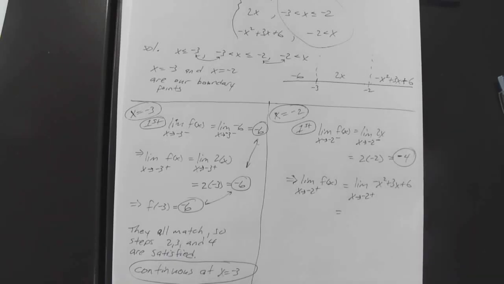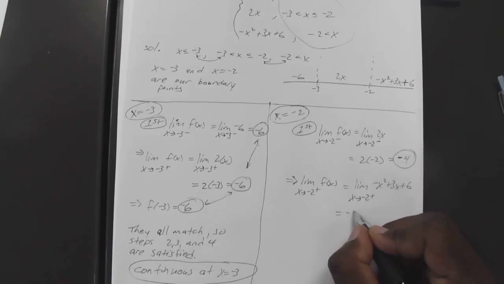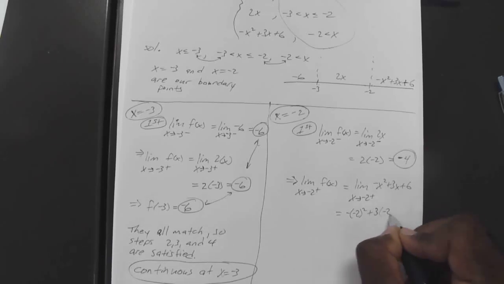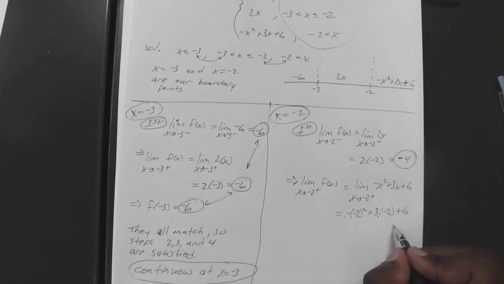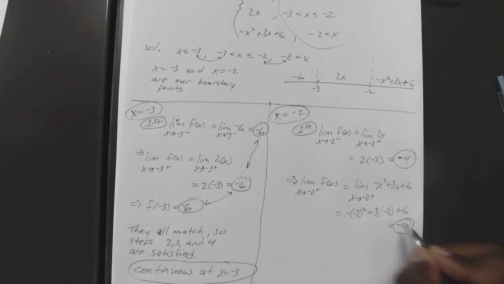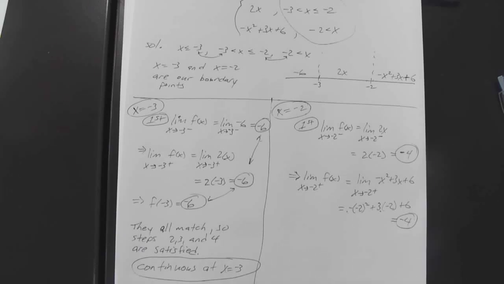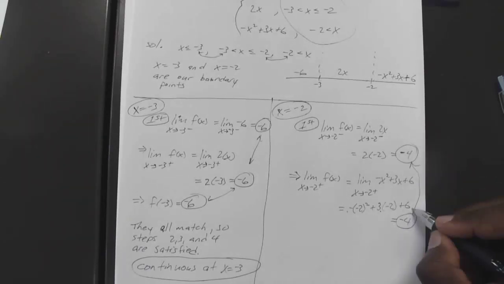And we just plug it in. So you have -2 squared plus 3 times -2 plus 6. So you end up with +4, so that makes it negative. -4 minus 6 is -10, plus 6 is -4. Okay, so these two match, so we're good.